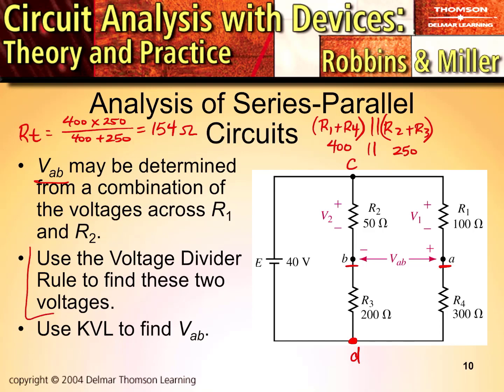And of course it says you can use the voltage divider rule on each branch to do that. But let's say we're going through the whole process of currents and so on.